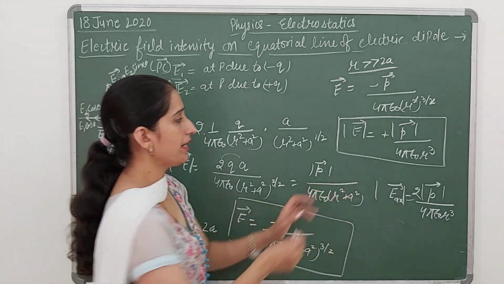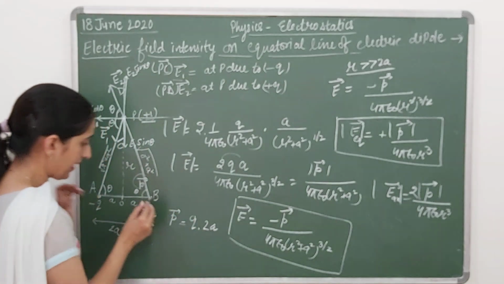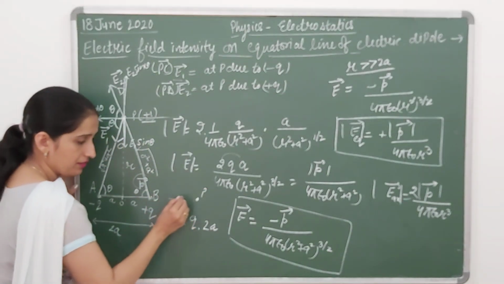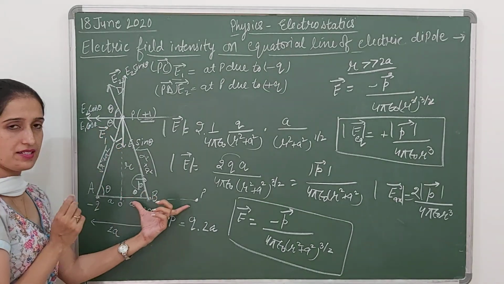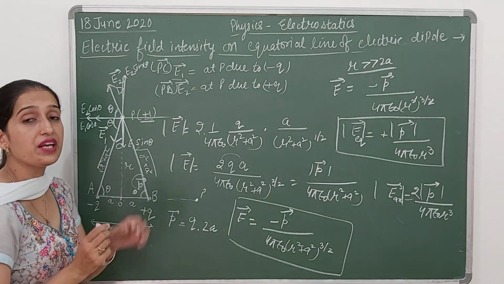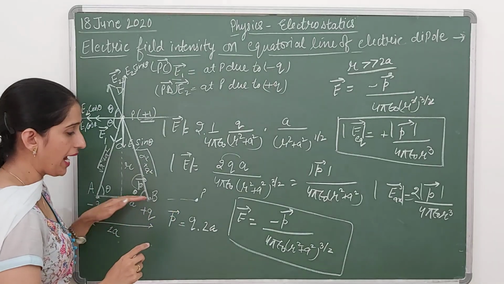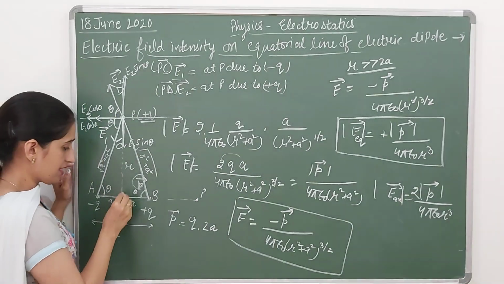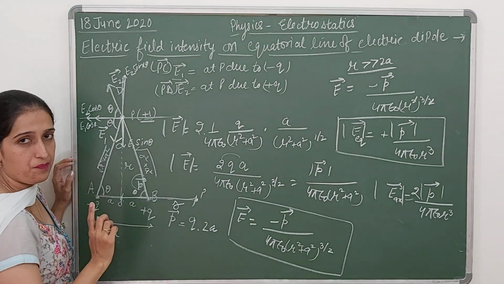If we compare it, suppose I am writing here the axial line, our observation point P was here. If we take this distance r and this distance r the same, it means we are observing at the same distance on the axial line as well as on the equatorial line.